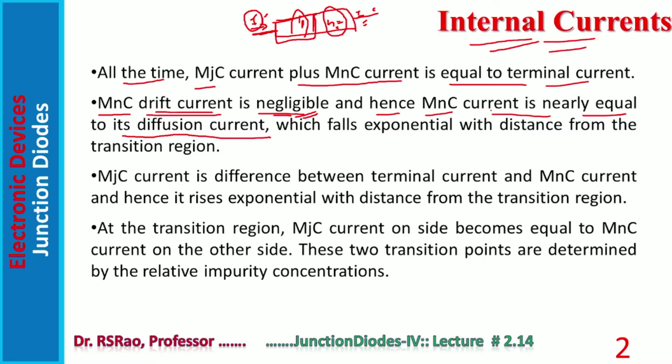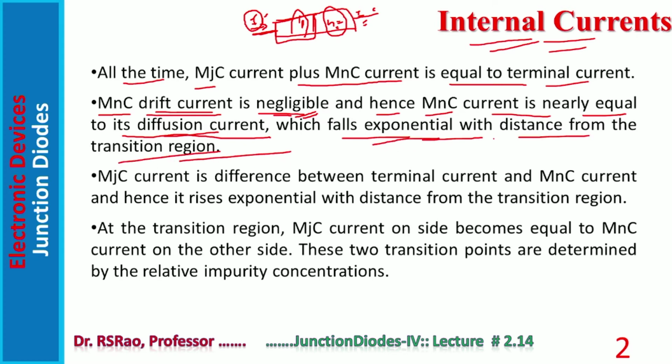Minority carrier current is the sum of drift component plus diffusion component. When the drift component becomes 0, the total current becomes the diffusion component. Of course, it can be shown that this diffusion component falls exponentially with the distance from the transition region.